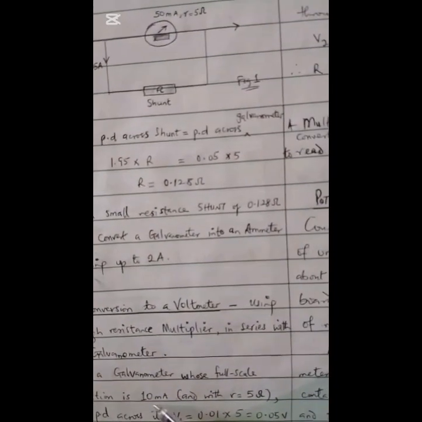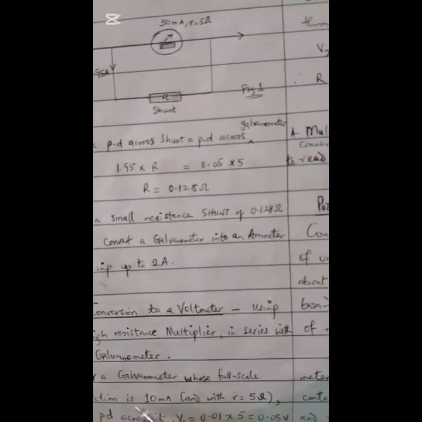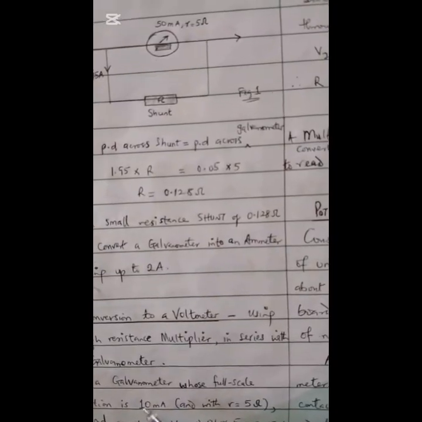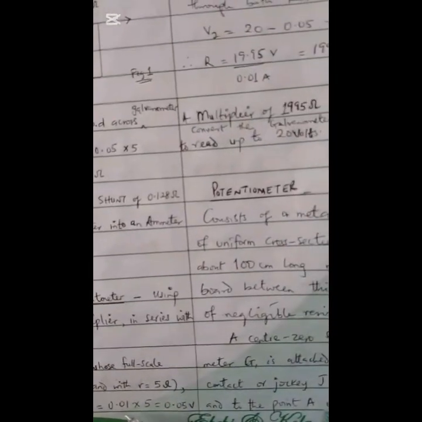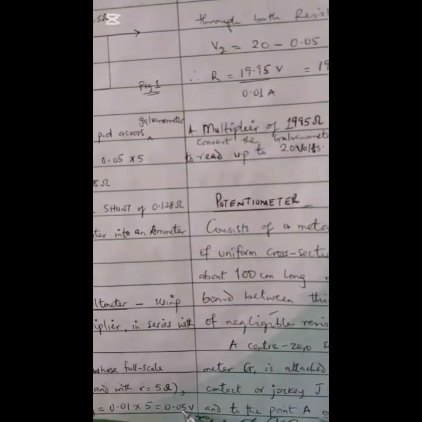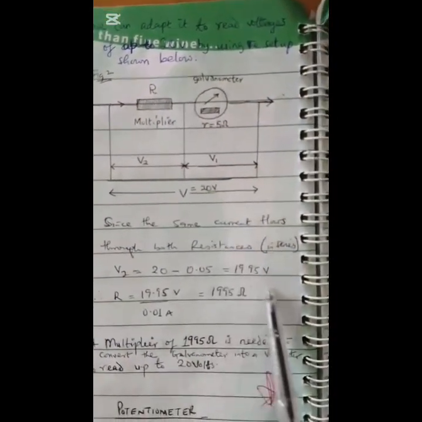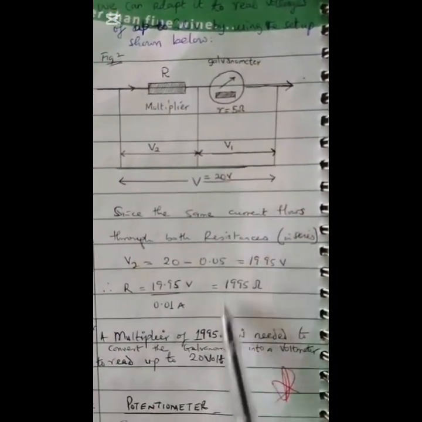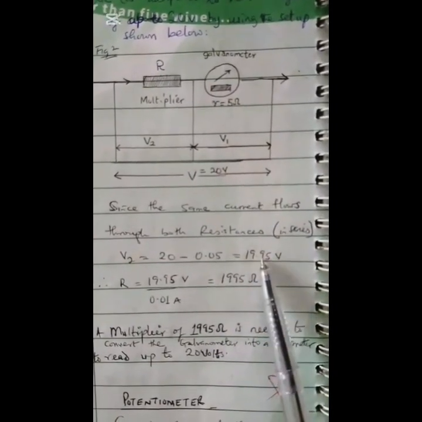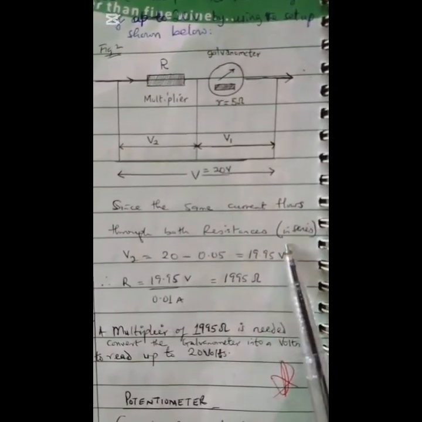At full scale deflection, it can only take 10 milliamperes, which is 0.01 amperes. So we calculated V1 as 0.05 volts. That means our multiplier can take the remaining voltage out of 20 volts. Subtract that, and our multiplier can take 19.95 volts.